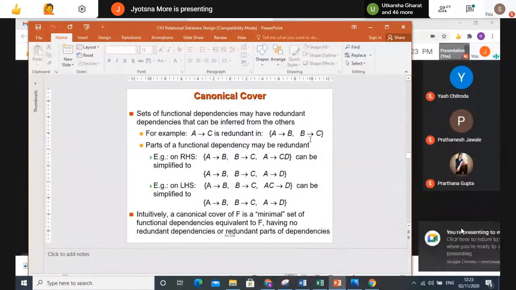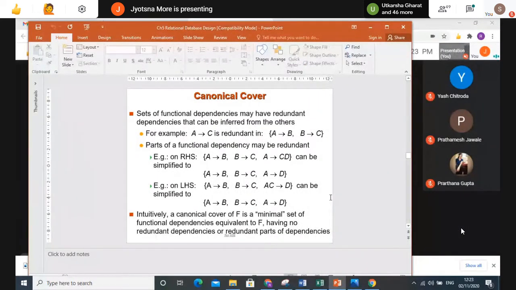So that is about the extraneous attribute. Basically, this extraneous attribute is useful in the canonical cover. Now, what is a canonical cover? Sets of functional dependencies may have redundant dependencies that can be inferred from the others.